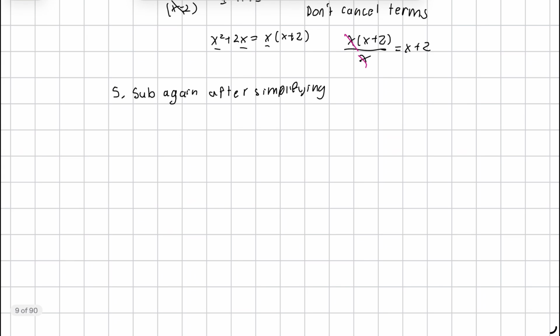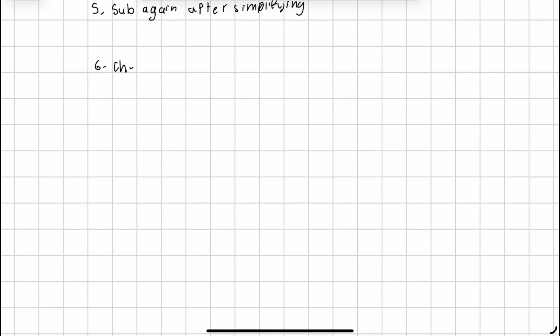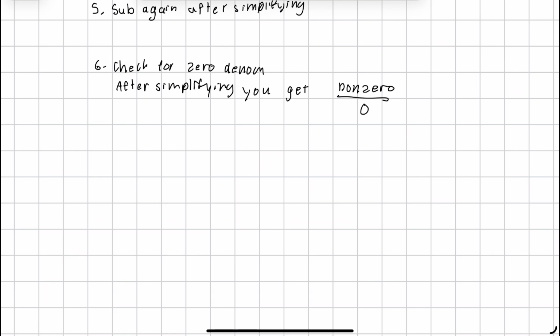Now, you always want to check if you have a 0 denominator, which means that after simplifying, you get a fraction where your numerator is not 0 and your denominator is equal to 0. This means that the function blows up.